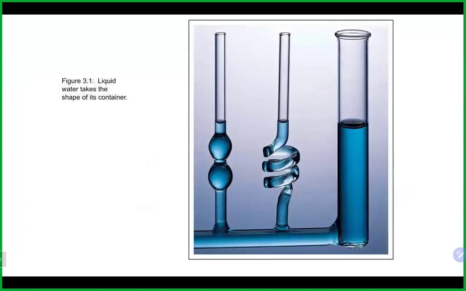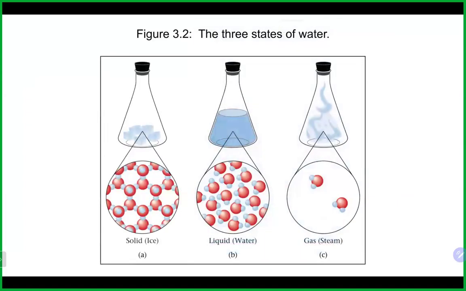Here you can see our liquid taking the shape of whatever container it's in. And here are our three states of matter, for water. As we talked about a second ago, ice is sort of over here. Water is held together with itself by something we'll talk about in a later chapter, known as hydrogen bonding. Water hydrogen bonds when a hydrogen in one molecule bonds with an oxygen in another.